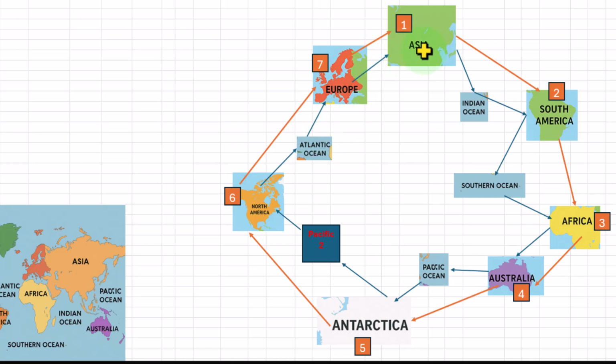7 continents, continent to continent. We're only going clockwise around the circle. Notice again, you should be able to go counterclockwise directionally, but we don't typically name our intervals that way.